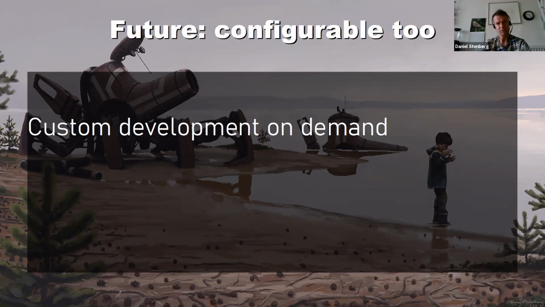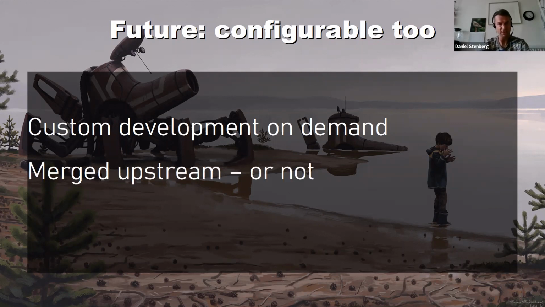So we do custom development of cURL on demand. If you miss something, or if you have a particular problem with cURL right now that maybe is an obstacle for you in your product or whatever, you can get that fix or added feature right now. And we typically merge the fixes we do for customers.